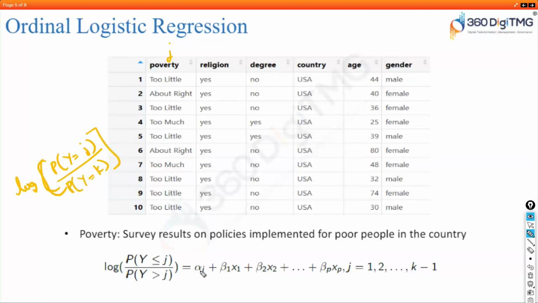But here, it's slightly different. If you have three levels, say level 1, 2, and 3, where 1 means too little, 2 means about right, 3 means too much, then you treat 1 as one category, and these two as another category.